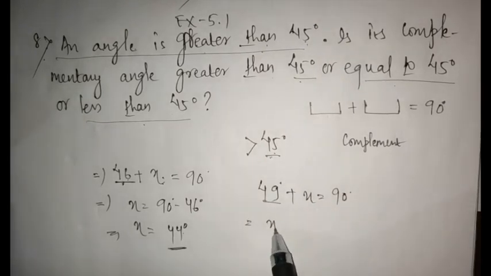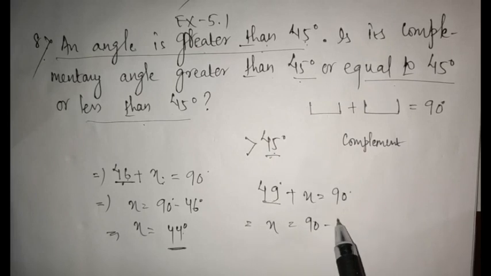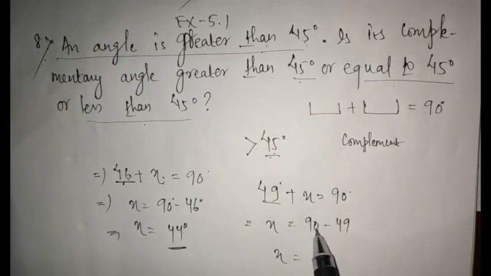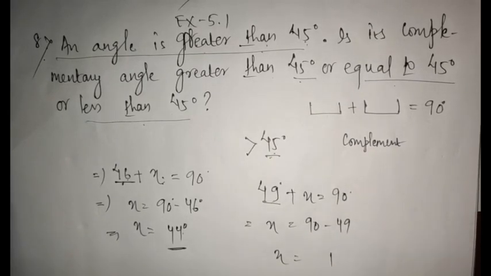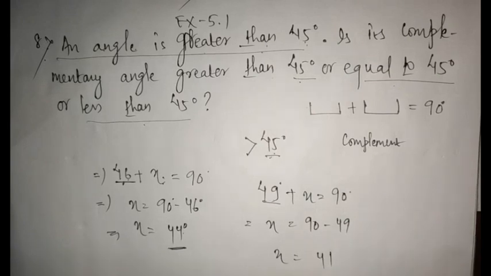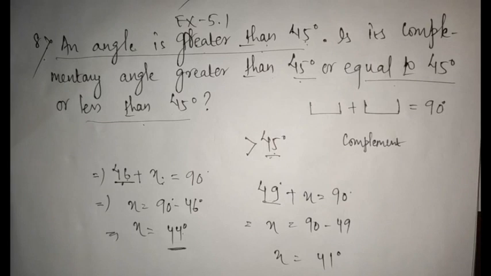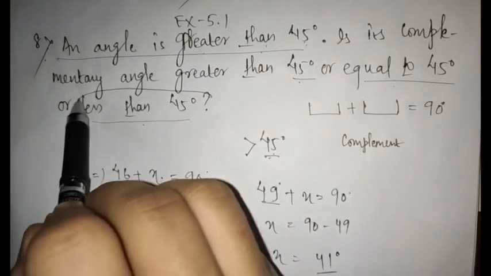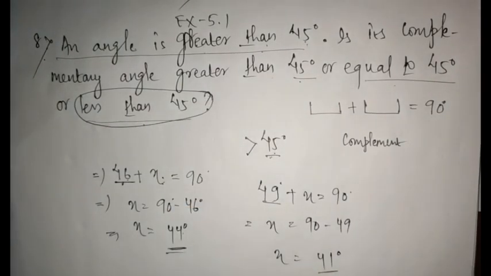So x is equal to 90 minus 49, which is 41. So you can see again that it is less than 45 degrees. So your answer is that the angle is less than 45 degrees.